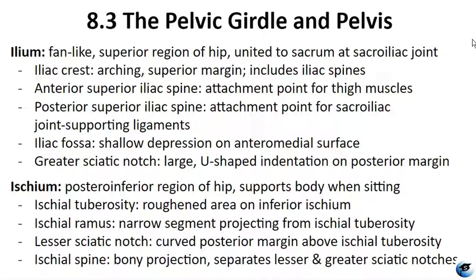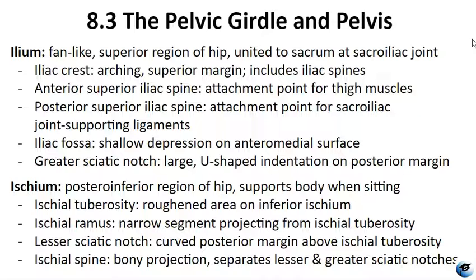On the anteromedial surface lies the iliac fossa, a shallow depression, and then moving into the posterior margin, the greater sciatic notch, which is a large U-shaped indentation, provides passage for important structures. The ischium, located in the posterior-inferior hip region, offers support during sitting.